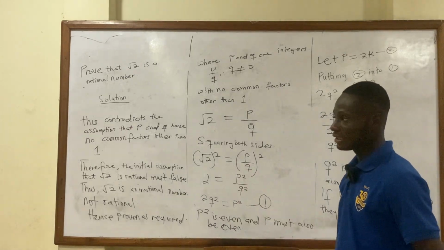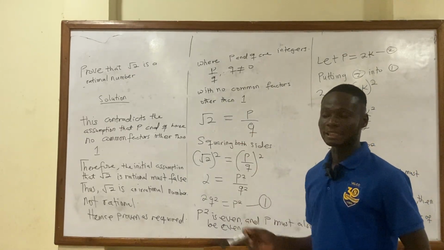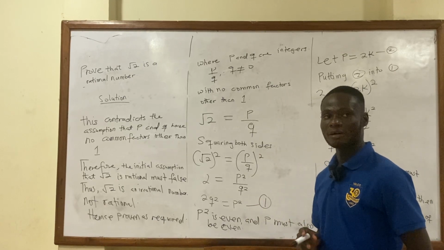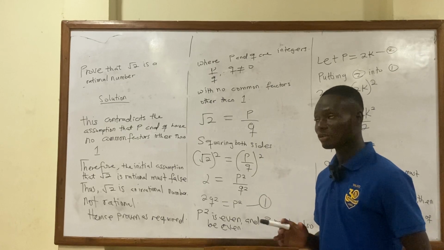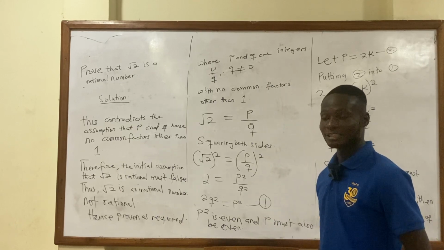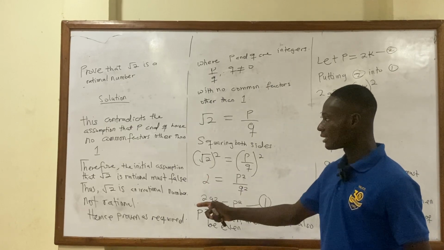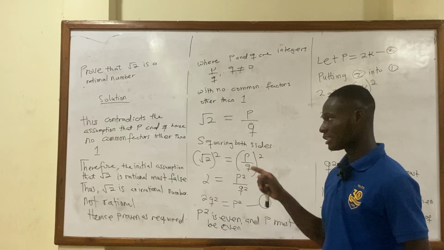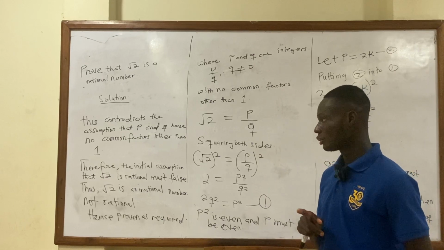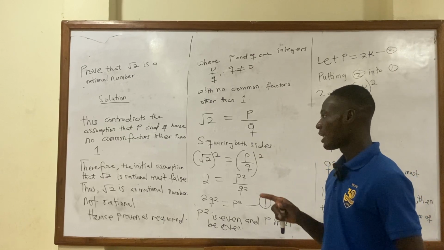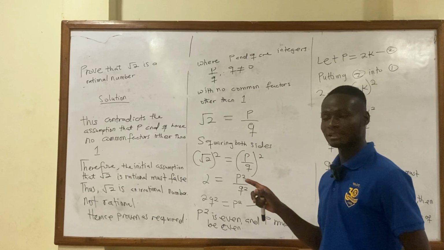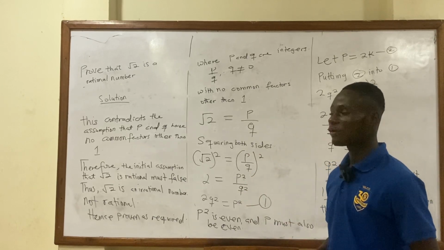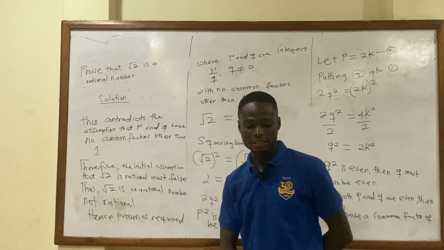And that contradicts our initial assumption that p and q have no common factors other than 1. Therefore the initial assumption that root 2 is rational must be false, and root 2 is an irrational number, not a rational number. Hence proven as required.